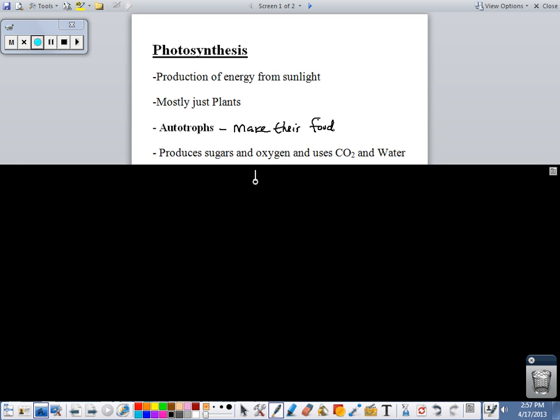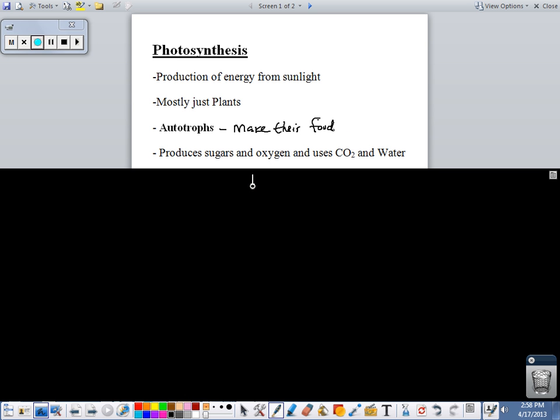But they're called autotrophs. And here, we look at it more scientifically: we're producing sugars and oxygen. So these are the products. And it uses carbon dioxide, CO2, and water, H2O. What's kind of amazing about this is the basic particles that it uses. Carbon dioxide is produced by most animals on the planet, a ready source of it, and also by many other natural processes.